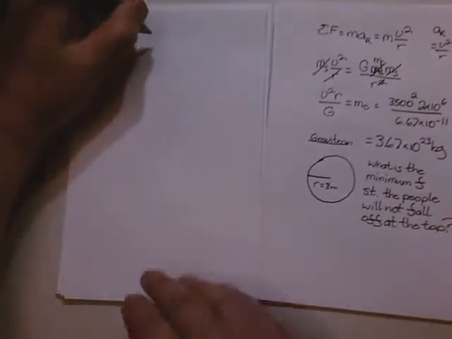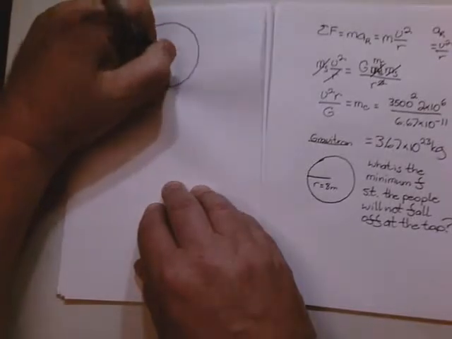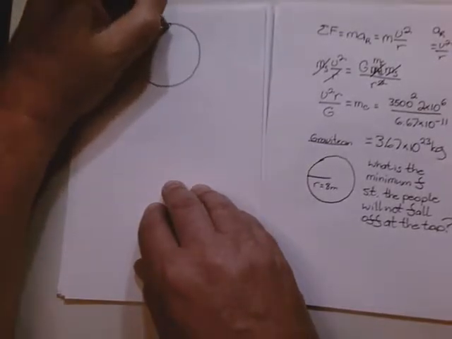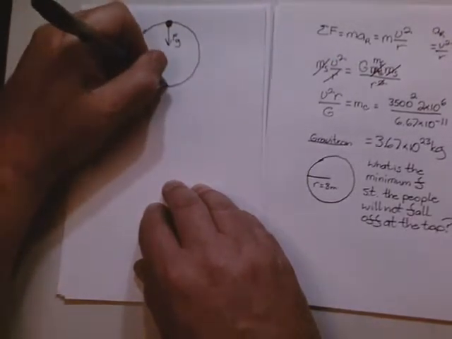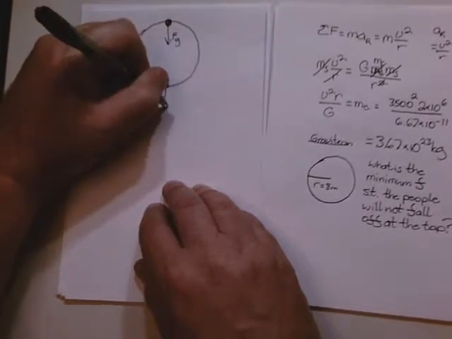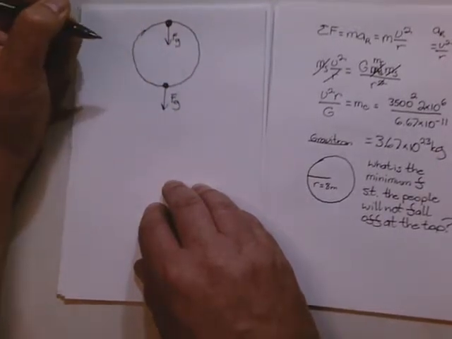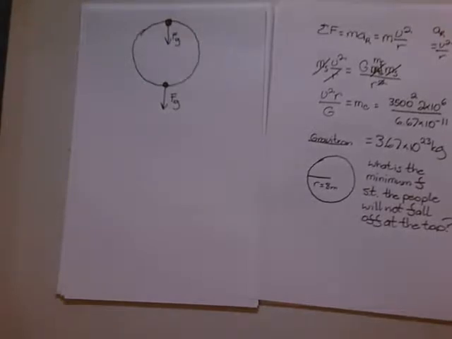So what we'll do is talk about the top here: you have the force of gravity pulling down. At the bottom, you also have the force of gravity pulling down. Now, one of the things that you feel, and I hate saying the word because some professors get so irrational when they hear it, is centrifugal force.